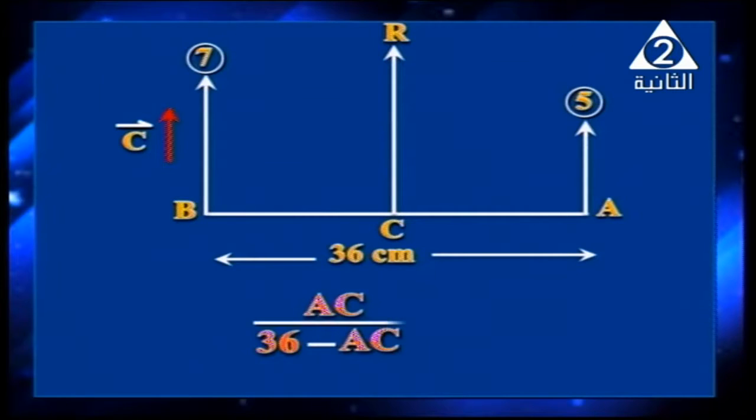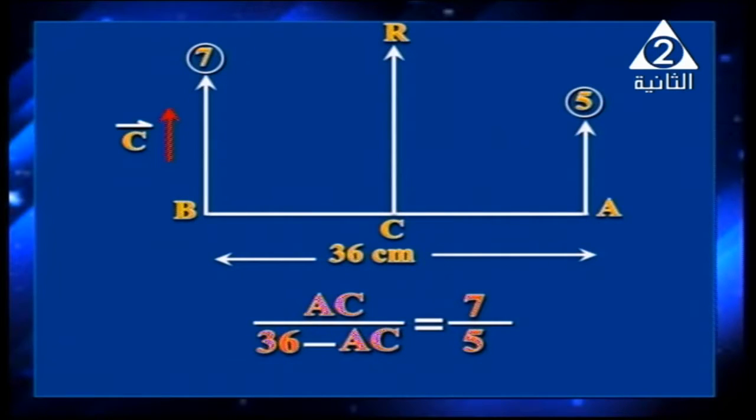Therefore, we put AC over 36 minus AC equals what? 7 over 5. My dear student, AC over 36 minus AC. Why? Because BC equals 36 minus AC. Or we can put AC equals X. What is BC? 36 minus X.